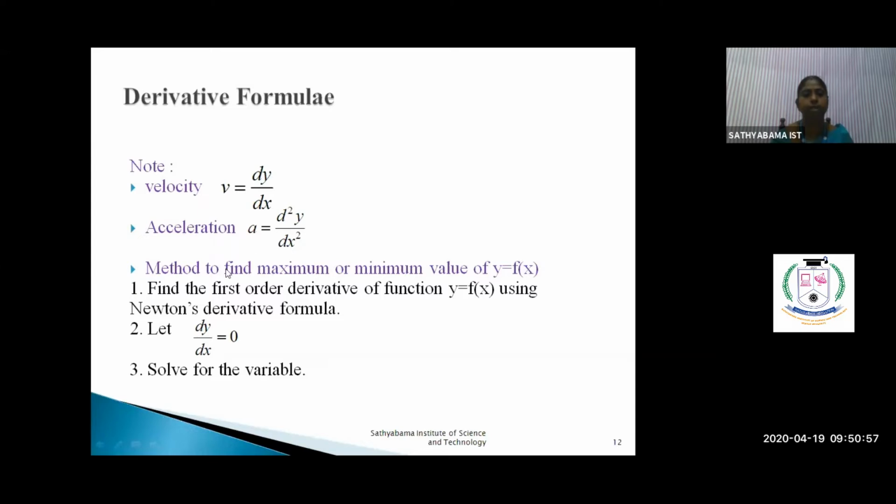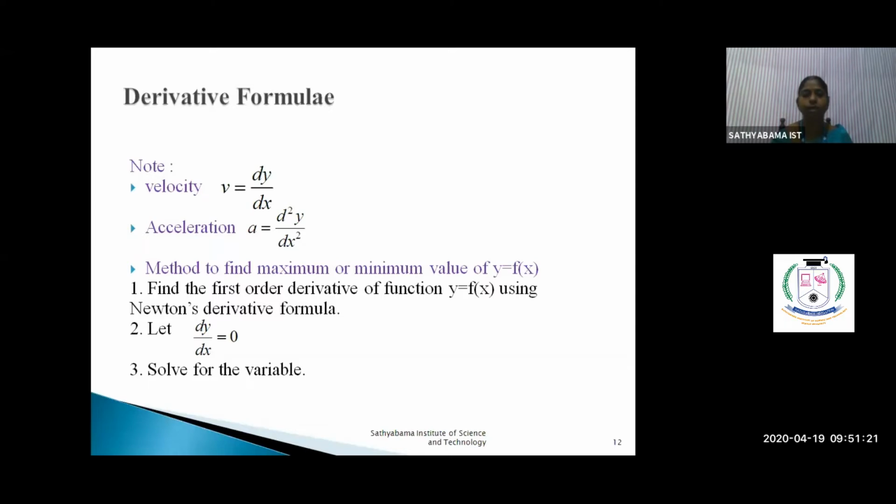Okay. Then suppose you want to find the maximum or minimum value of y equal to f of x. We studied that in your earlier semester. Whatever function is given, we find the first order derivative with respect to x, and it should be equated to 0.